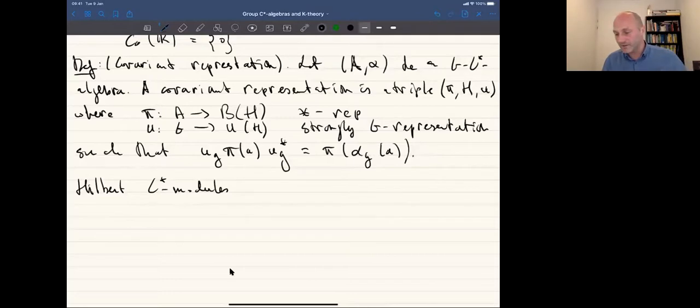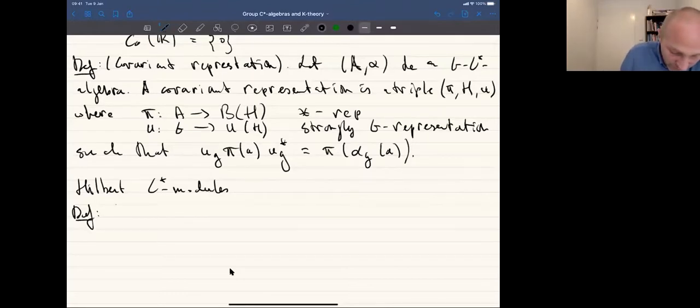And they really unify several notions. So philosophically or morally speaking, a Hilbert C-star module is a Hilbert space, but not over the complex numbers, but over some C-star algebra. That said, one should also be careful with that analogy, because many theorems that hold in Hilbert spaces do not hold for Hilbert modules, but I won't elaborate on that too much.